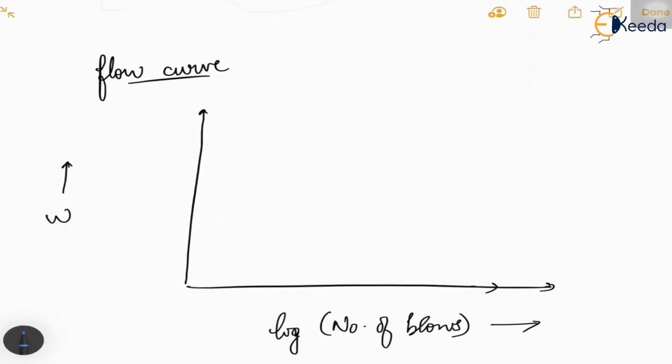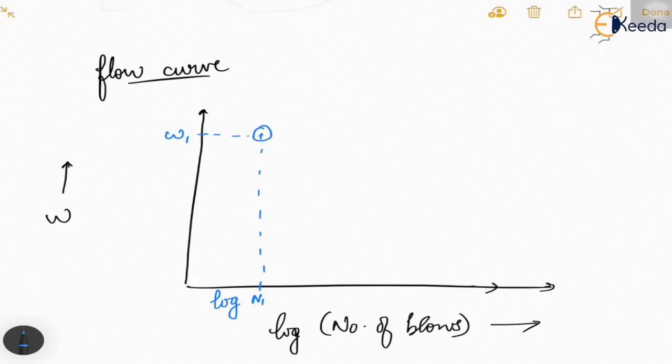Now what is happening here is that, let us say for a particular water content of W1, we observed that for N1 number of blows, the soil was able to come together or flow together. So on the x-axis, we took the log value of N1 and we joined these points.